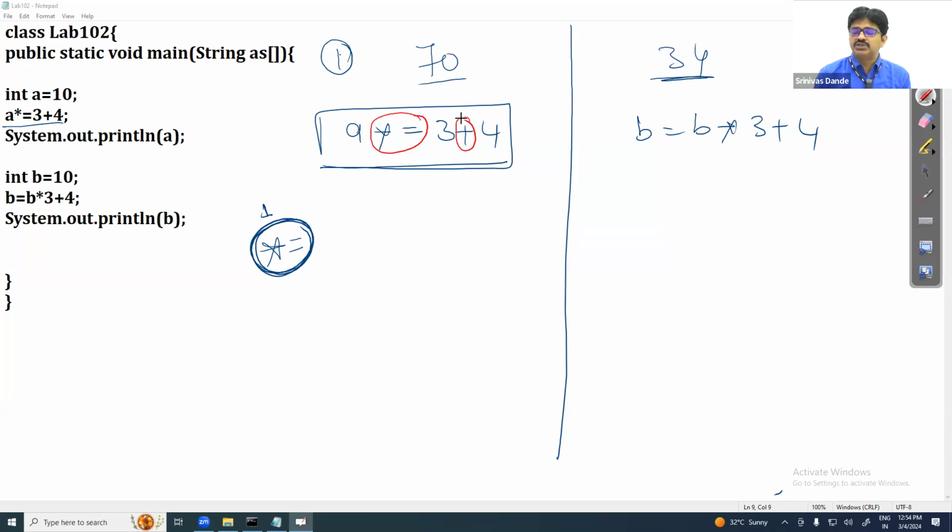Only two operators are used in case one. Very good. Now, which is the priority? Operator precedence is important. The operators used are the plus operator and the star equals operator. In these two, which will take more priority?